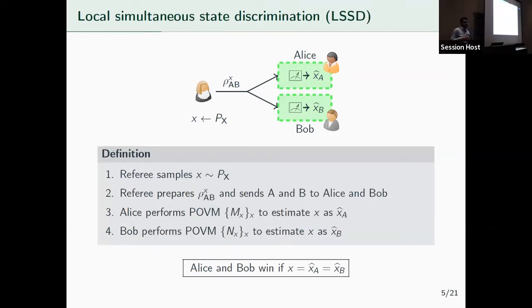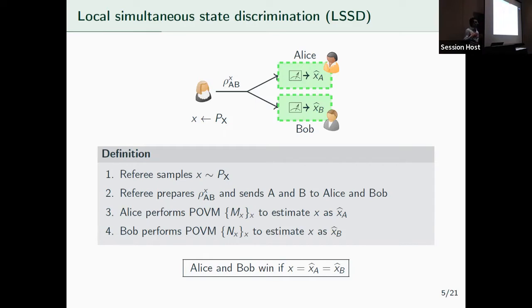Now the problem that we studied in this work, we call it local simultaneous state discrimination, or the abbreviation LSSD. A referee here samples some classical value x according to some distribution again, and it prepares a bipartite state rho_x^AB, and it gives each part again to two parties, Alice and Bob.